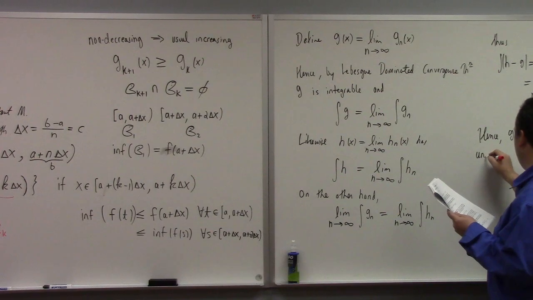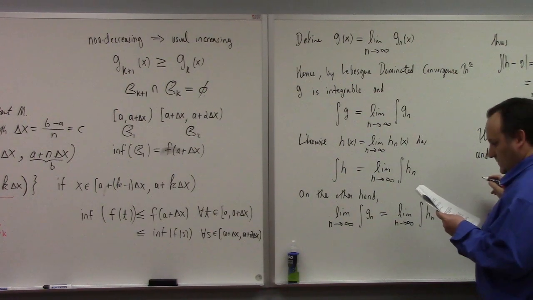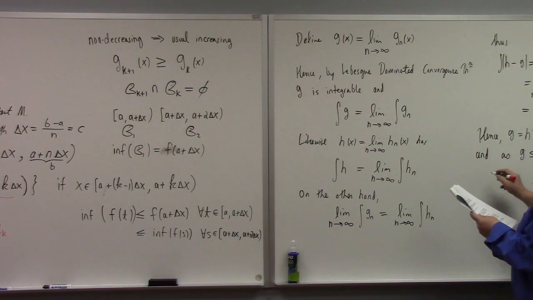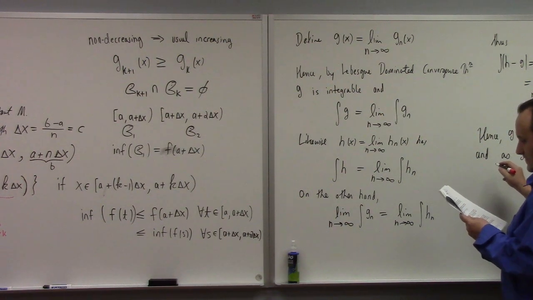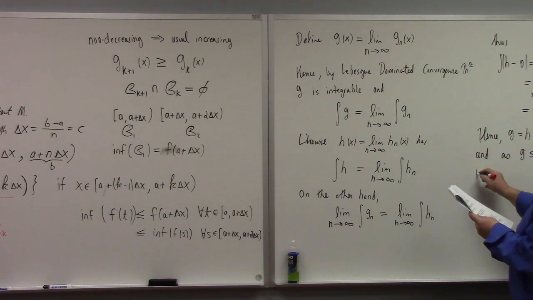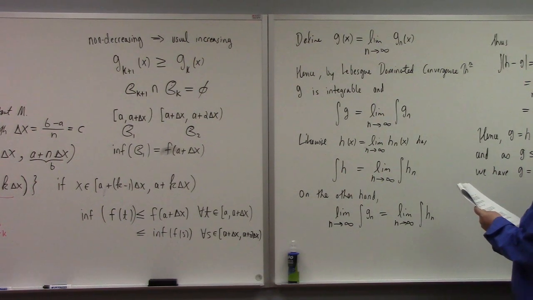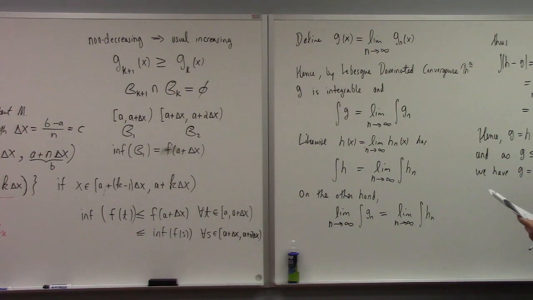and as g is less than or equal to f is less than or equal to h, we have g equals f equals h almost everywhere. And he says this proves that f is Lebesgue integrable, and they're both equal to the limit as n goes to infinity of g sub n.